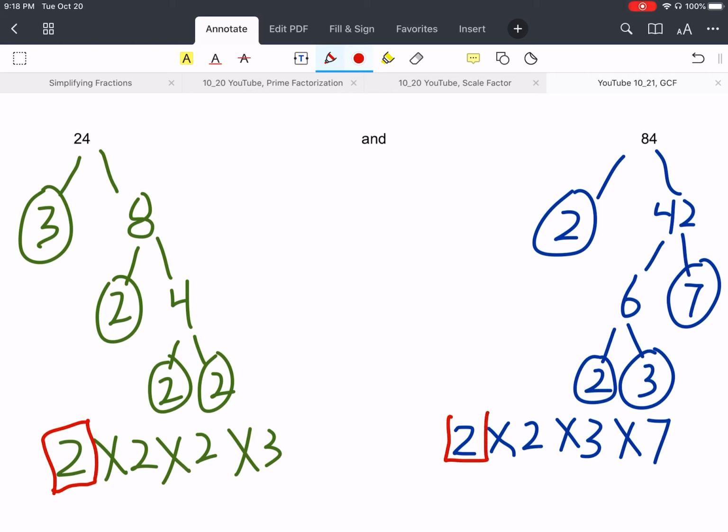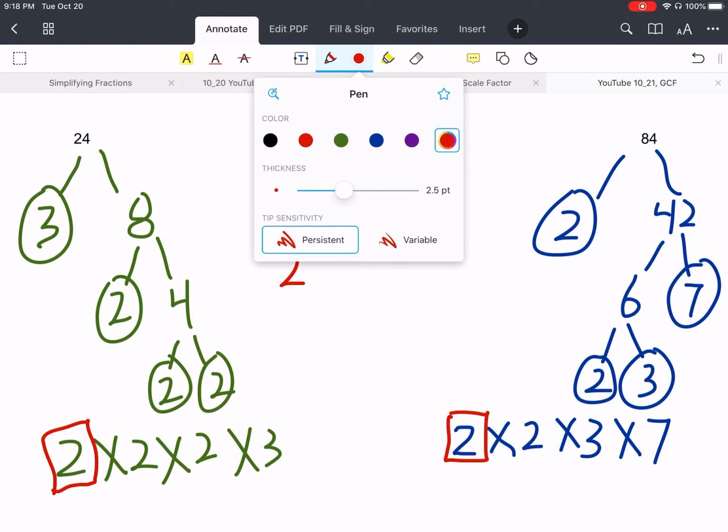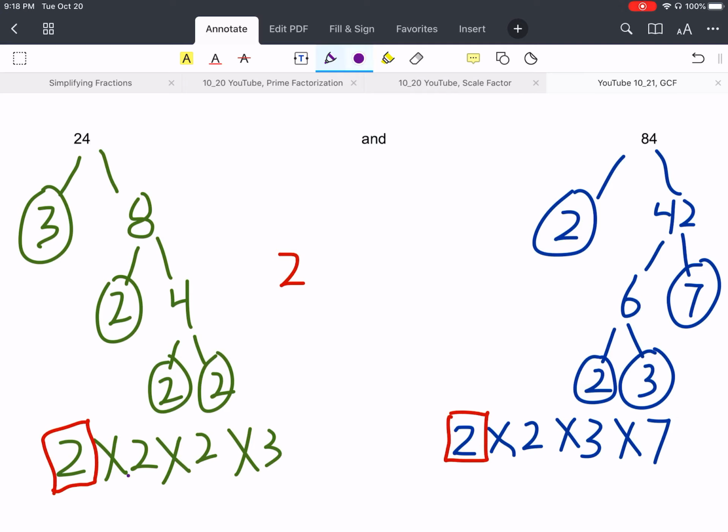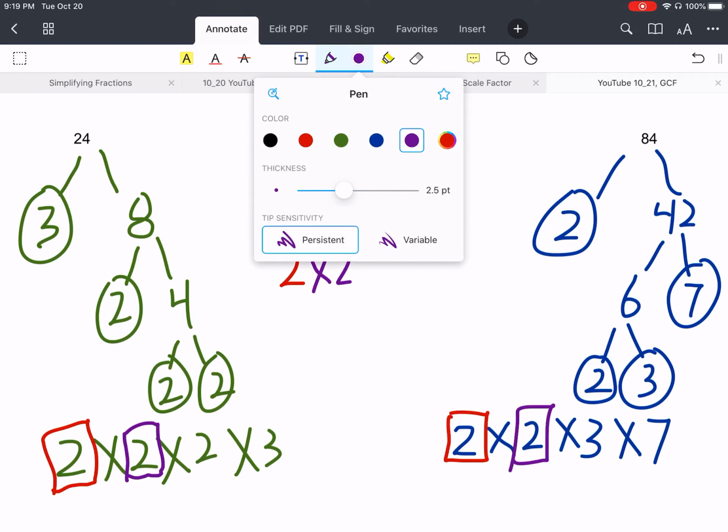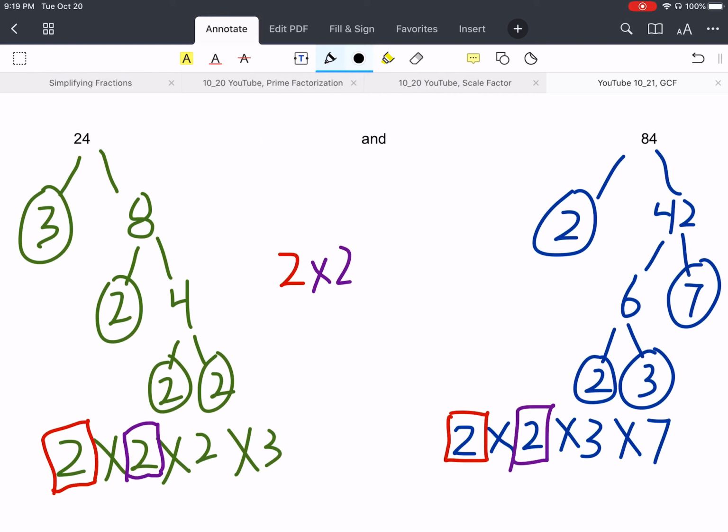This 2 can be paired with this 2. Put that there. I'll even change colors. This 2 can be paired with this 2. So it's perfectly fine to have more than one pair of each number, but both of these sets, 24 and 84, have multiple 2's. And our last pair is going to be these 3's.